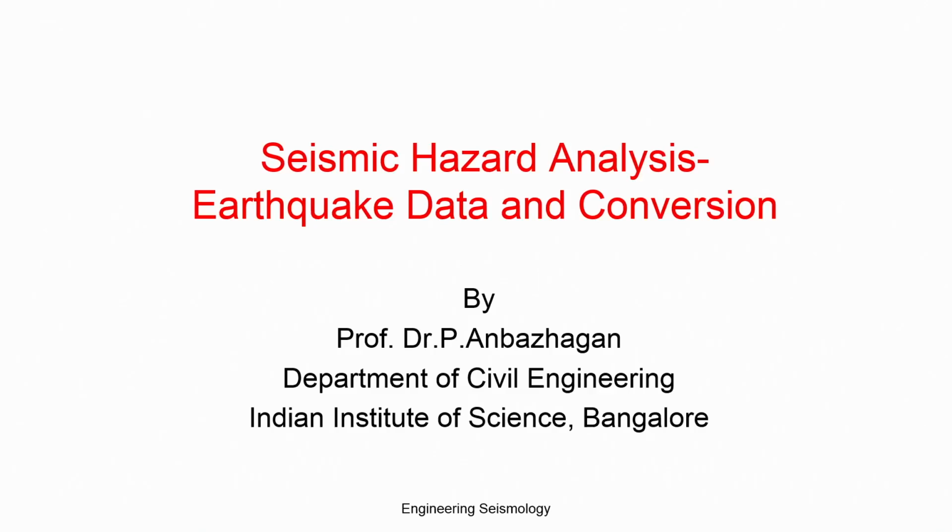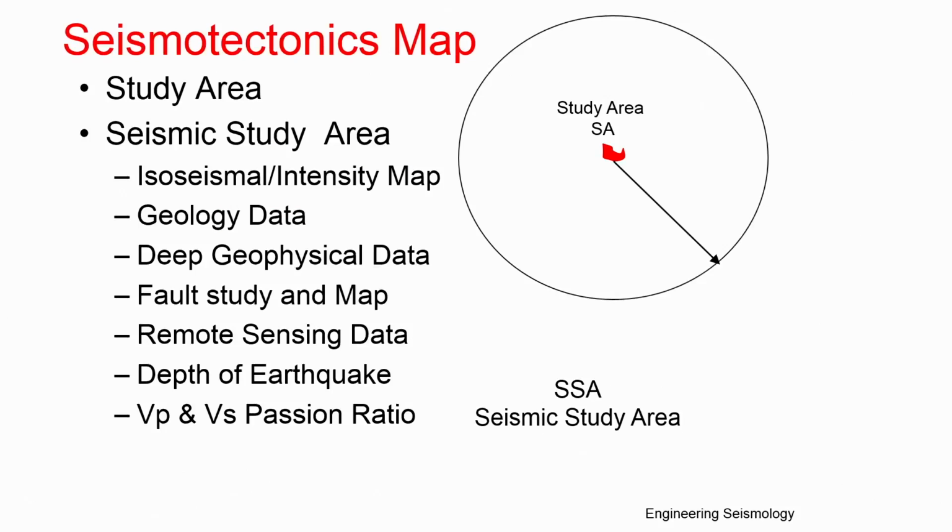We have seen that the identification of the seismic study area is a very important process, where you need to take a reliable seismic study area which represents the hazard at your study area. When you are taking a seismic study area, you should not worry about staying within the India border or excluding it. As far as earthquakes are concerned, there is no border business.